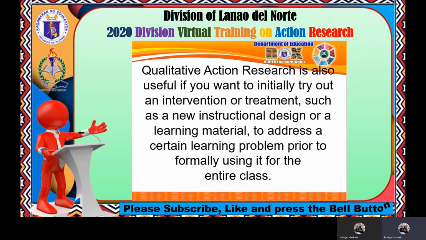Qualitative action research is also useful if you want to initially try out an intervention or treatment, such as a new interaction or instructional design or learning material to address a certain learning problem, prior to formally using it for the entire class.